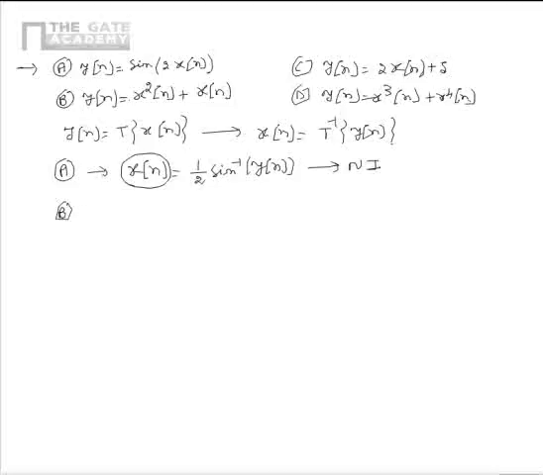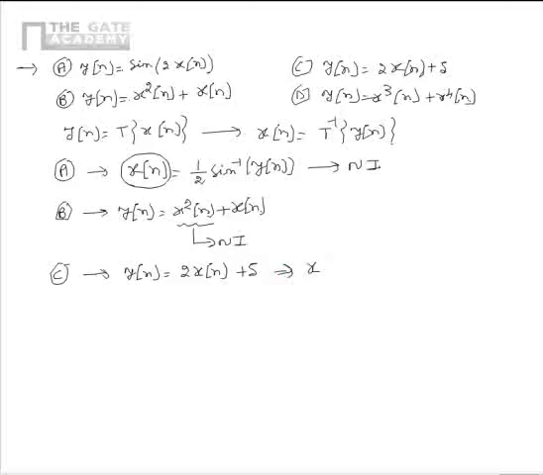And if we see the system in B, y of n is equal to x square of n plus x of n, here we see that due to x square there is a loss in information. So from this we say that the given system is non-invertible. Now if we pick the system in option C, here y of n is equal to 2 times x of n plus 5.